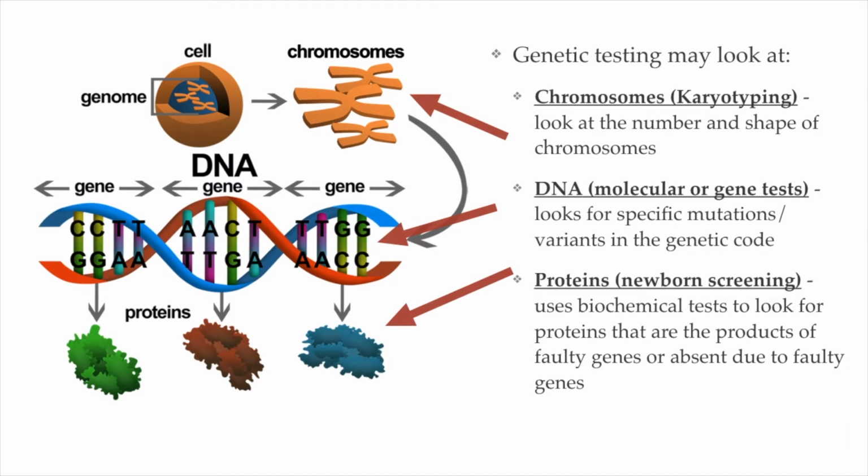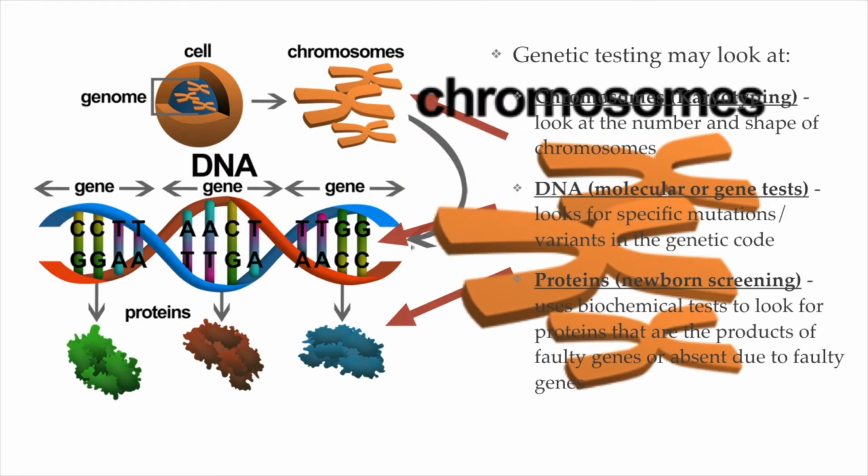And then the last way we can do that is instead of looking at the recipe books or the recipes, we just take a look at the cookies. Did we make the right cookies? Did we make some of the cookies with the wrong ingredients? That tells us that maybe we made a mistake in the recipe. Some cookies are missing. Maybe the cookie is missing because the recipe was so wrong that the cookie couldn't be made at all. That's basically the analogy, right? So we can look for the books, the chromosomes, we can look for the recipes, the DNA, or we can look for the cookies, the proteins.